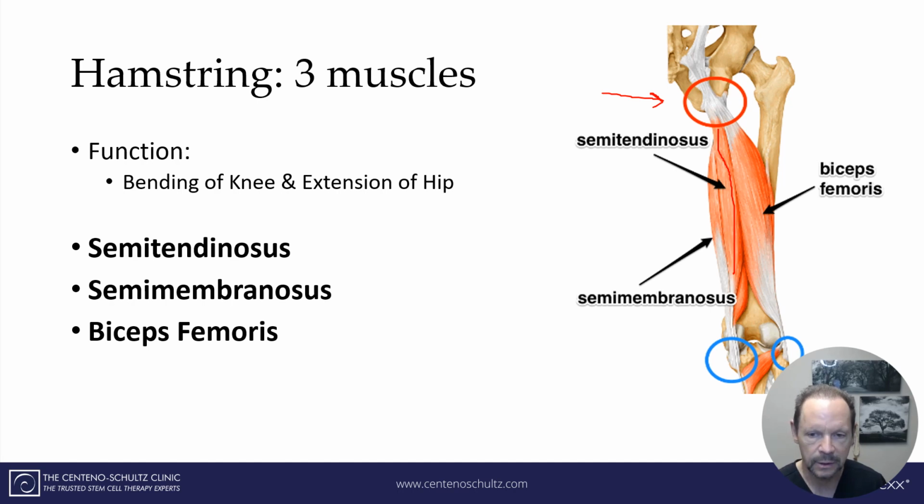The second muscle next to the semitendinosus is its brethren, otherwise known as the semimembranosus. And on the outside is the biceps femoris. So the hamstring is basically three muscles in the back of the thigh, which are made up of the semimembranosus, the semitendinosus, and the biceps femoris.